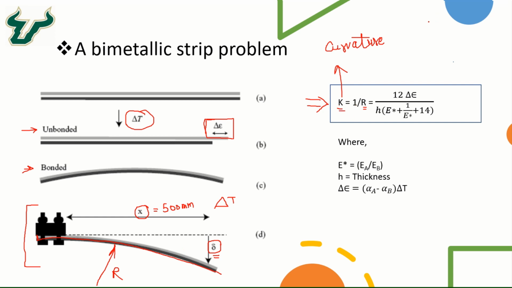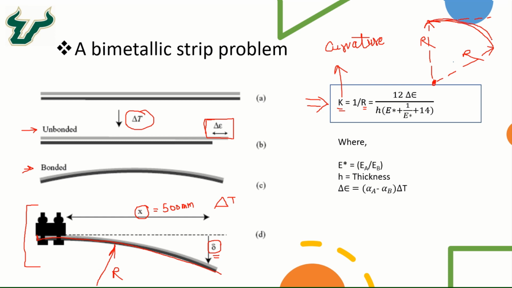If I just draw it here, something like this, if this is the deflection of the beam, and this is the original position of the beam or the strip, and once it deflects, you can locate a center at some point with the radius r, that's the radius r.